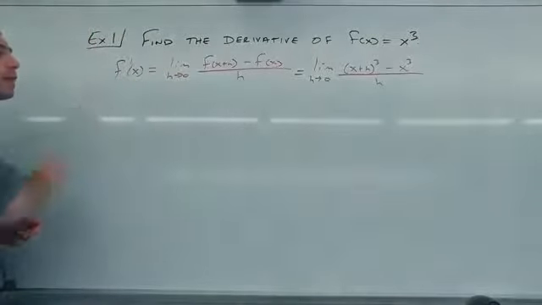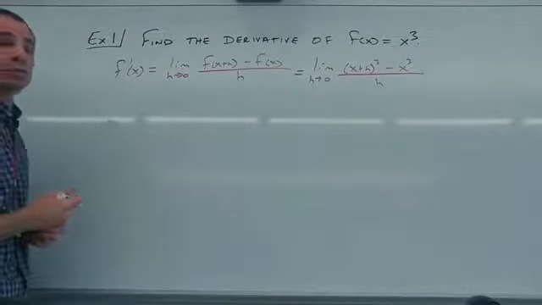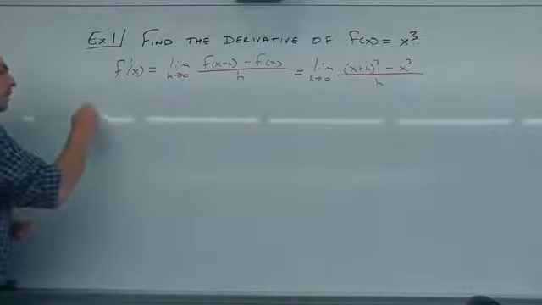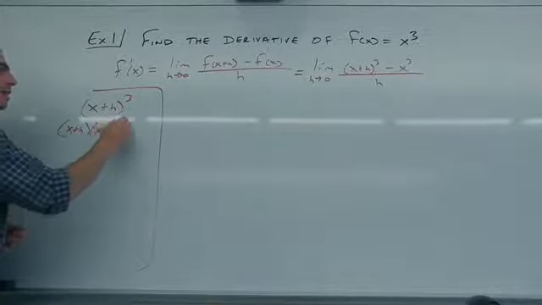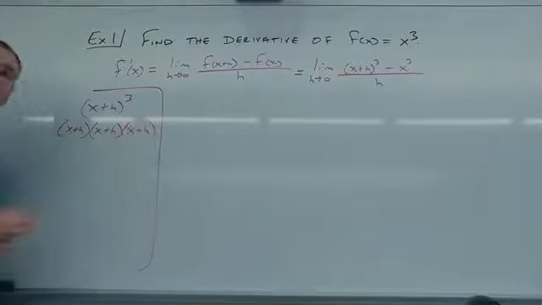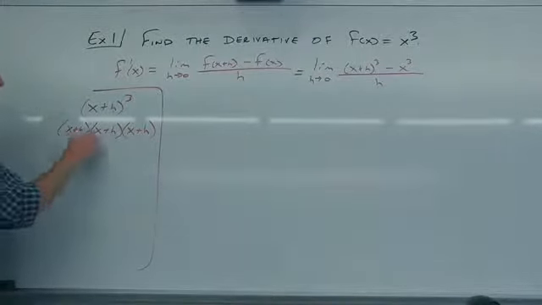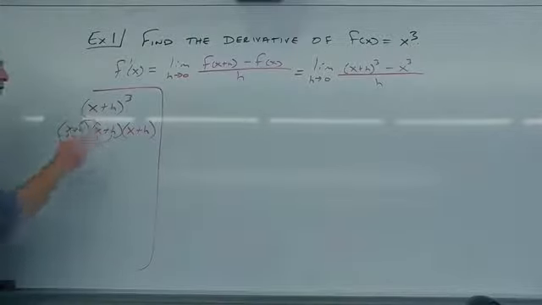So we have to simplify this x plus h cubed. Over here on the side, we've got x plus h cubed, which we know is x plus h times itself again. Well, let's expand it out. Now we need to multiply our terms, which means we're looking at FOILing.